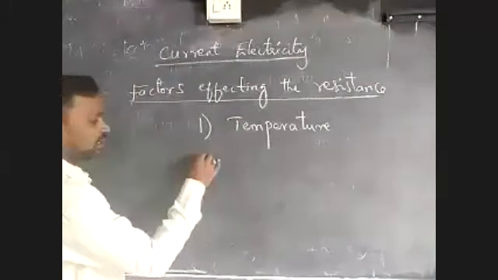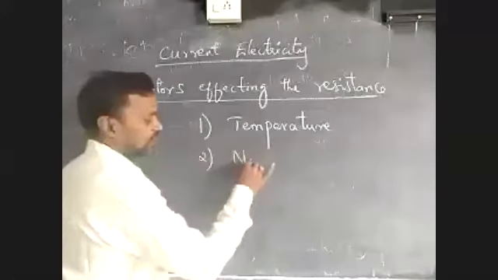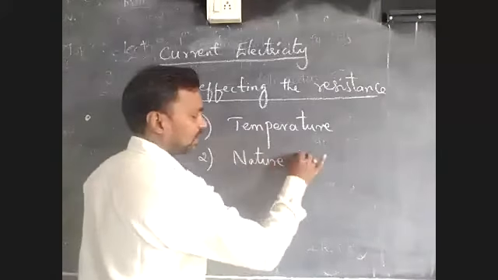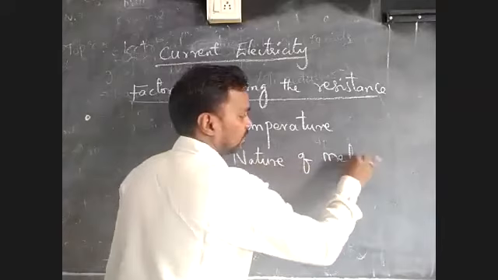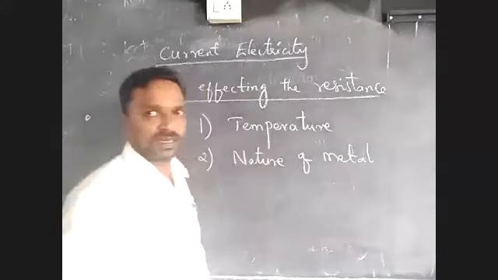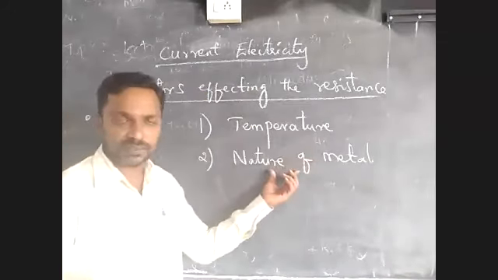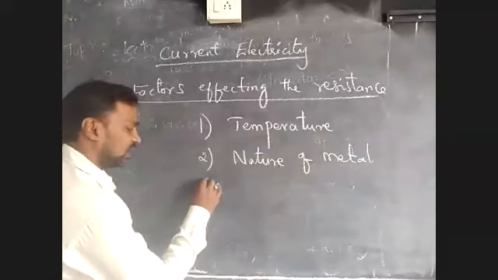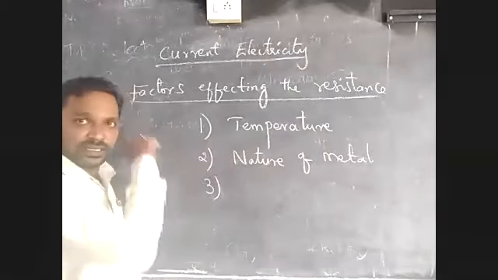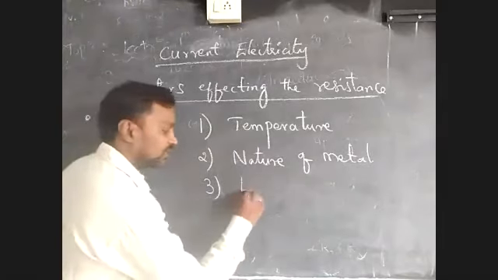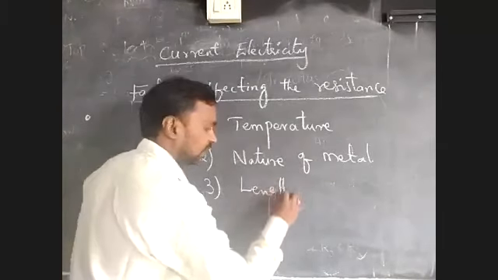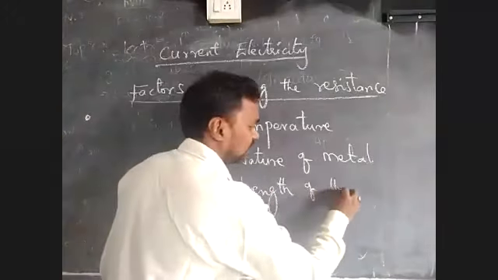Second one is nature of the material. Nature of metal or material, nature of the substance also we can say. Third one is that resistance depends upon the length of the conductor.